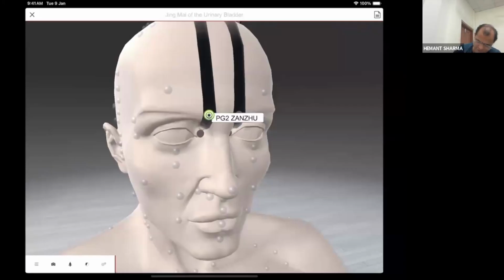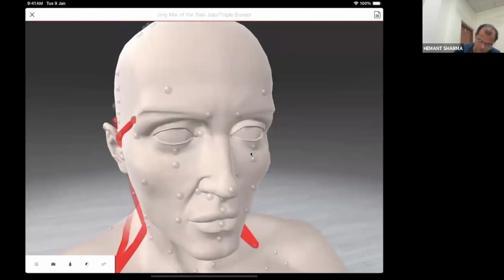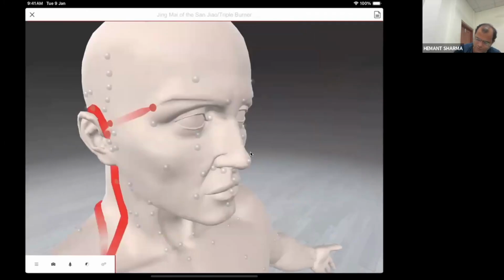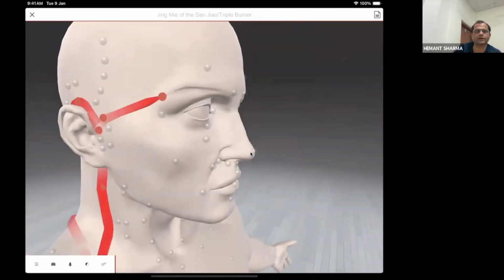So the other 2 points as per TCM. Now if we see here, अगर हम lateral side में देखें, as per TCM, we can see there are 2 meridians on the lateral side, triple warmer and gallbladder meridian.